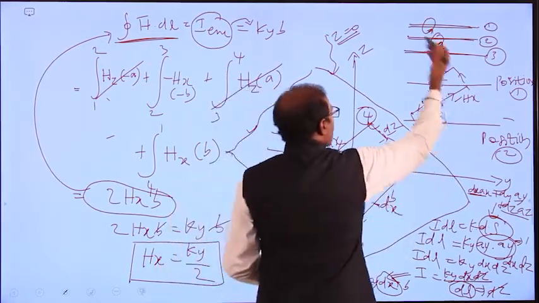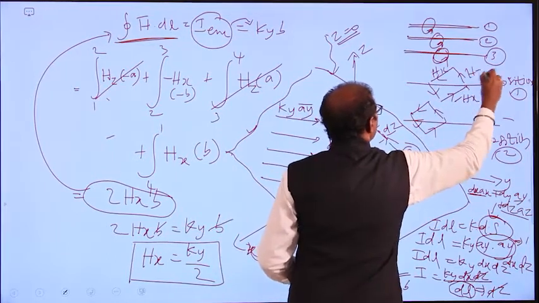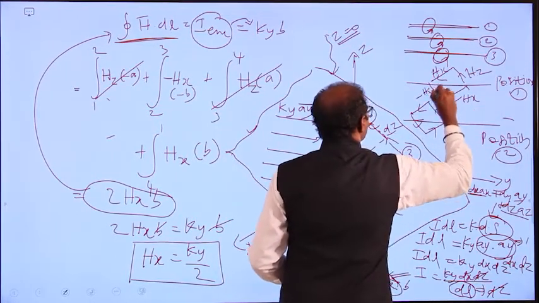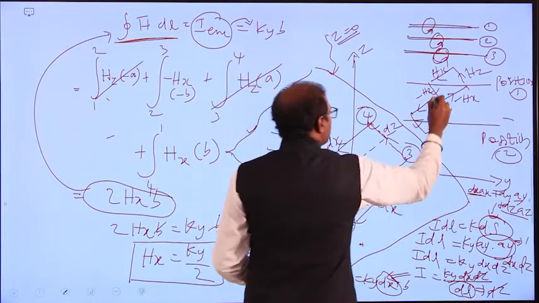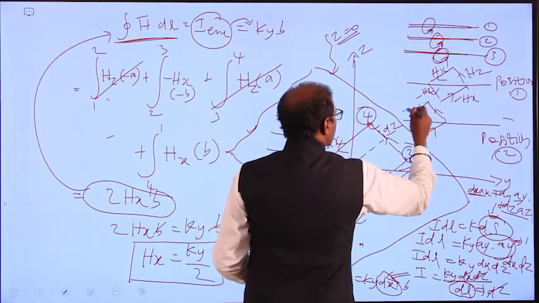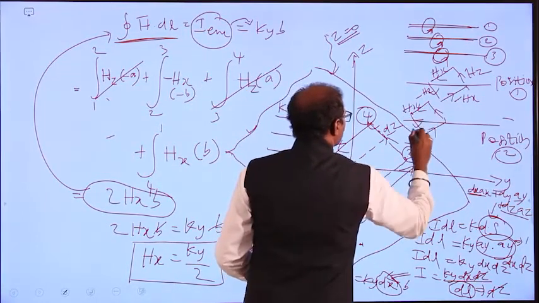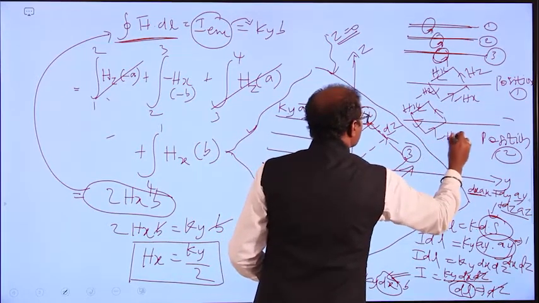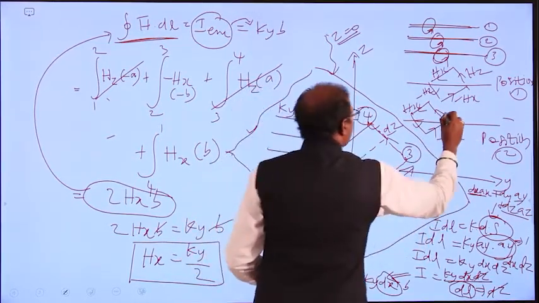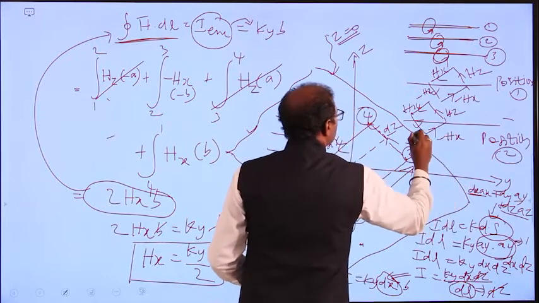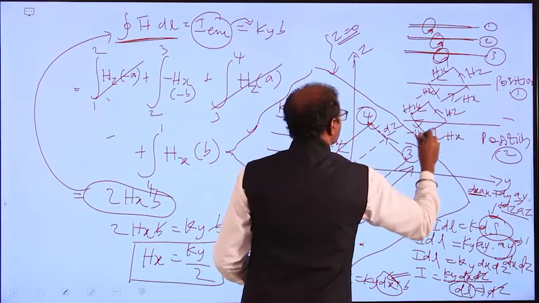Again going up means plus Hz, minus Hz. So this will be Hx, this will be minus Hx, this will be Hz, and this will be minus Hz.